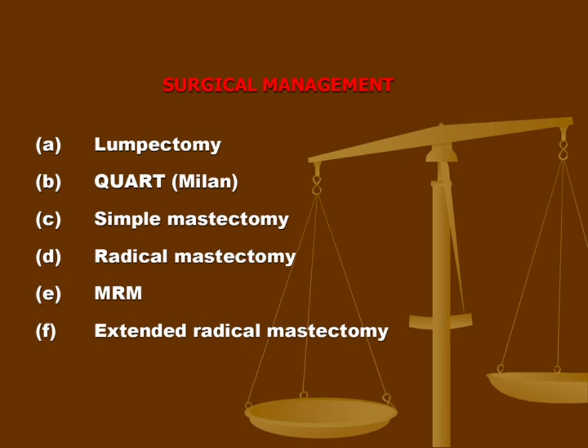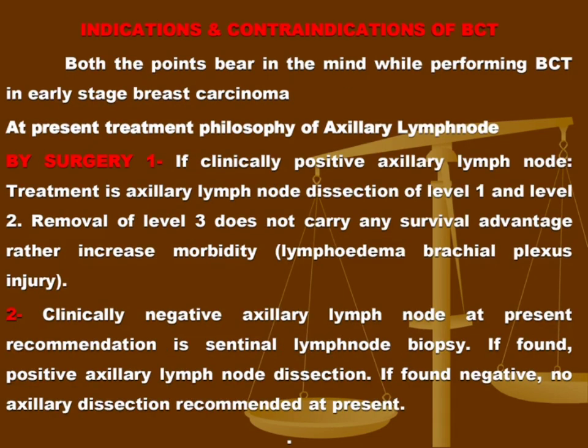The surgical management of breast cancer lies in the form of a lumpectomy, quadrantectomy as practiced in Milan, that is quadrantectomy with axillary radiotherapy, or simple mastectomy, radical mastectomy, MRM, extended radical mastectomy, Halsted mastectomy, or Patey's mastectomy, that is MRM.